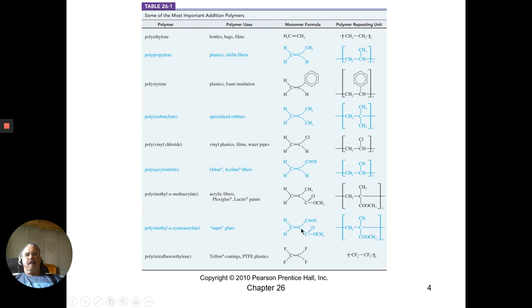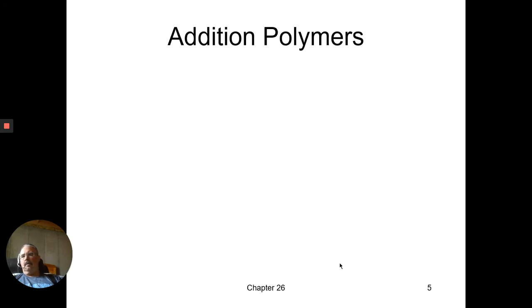Okay, in this case, we have a negative charge on the carbon as our intermediate, and this negative charge is stabilized by resonance both with the cyano and with the ester group. Okay, so all it takes is a little bit of moisture to initiate polymerization or hardening of this superglue.